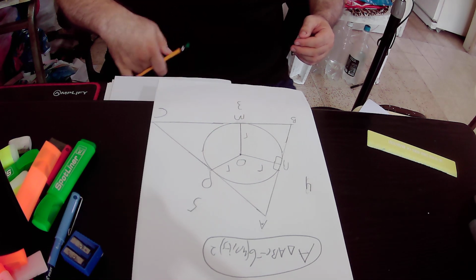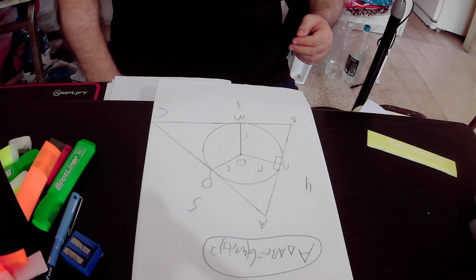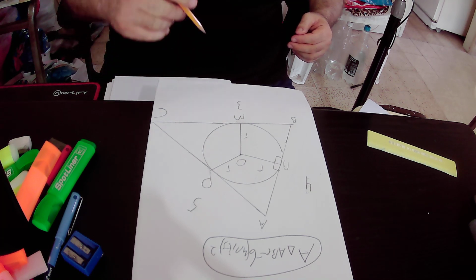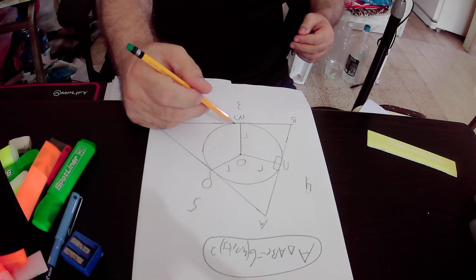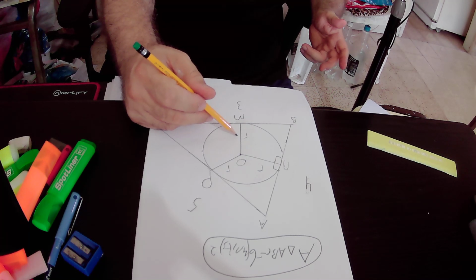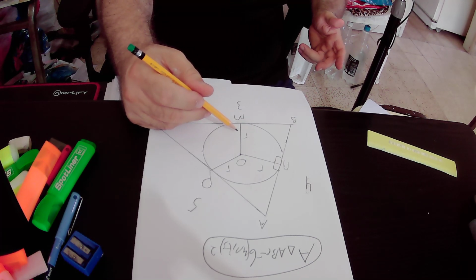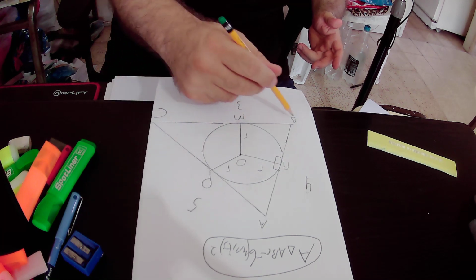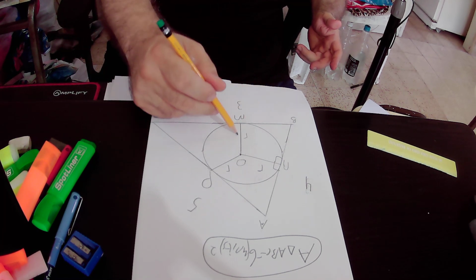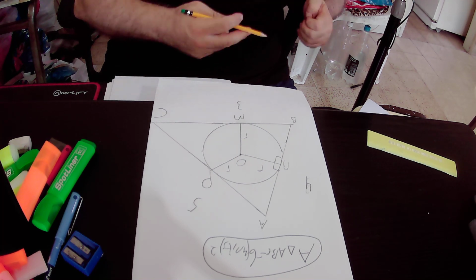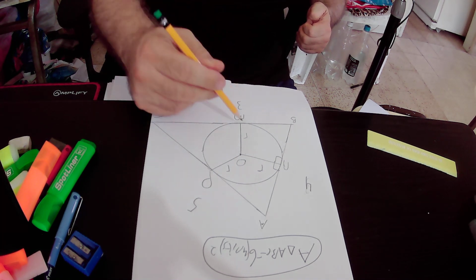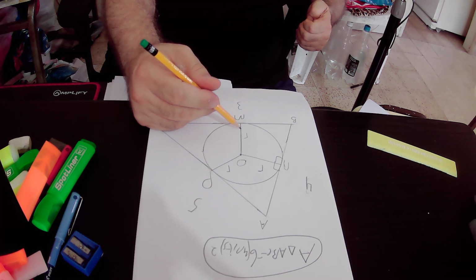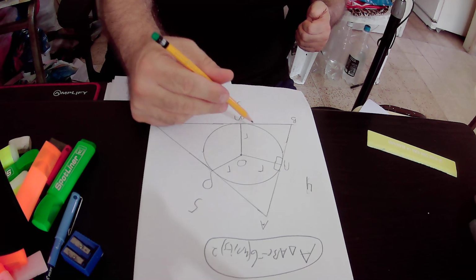Okay, and if we look at line segment OM, that is the radius of this circle, we have this radius, and we have the tangent BC to this radius. And according to rule number 1, the radius is perpendicular to its tangent.